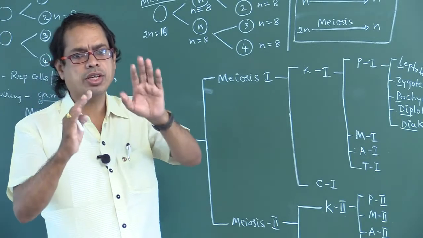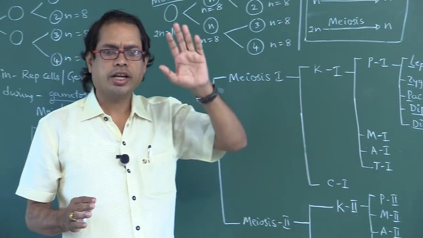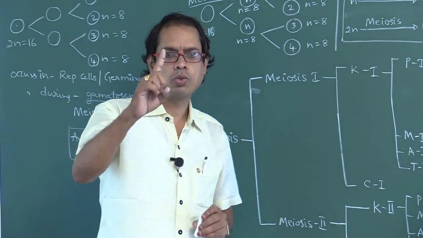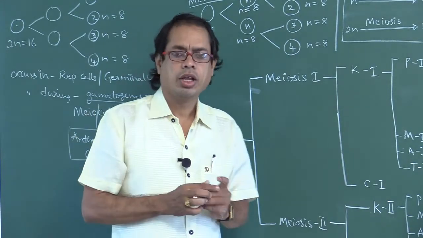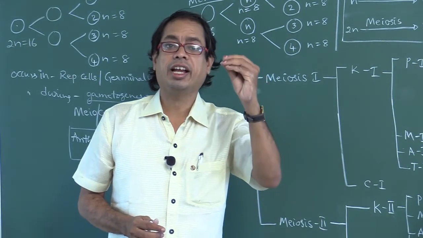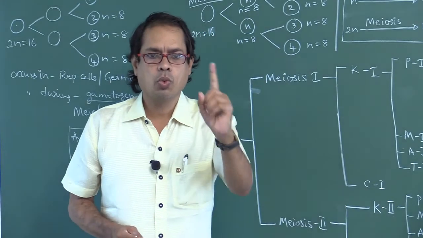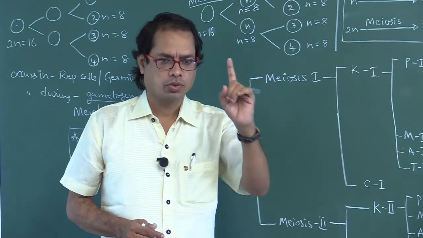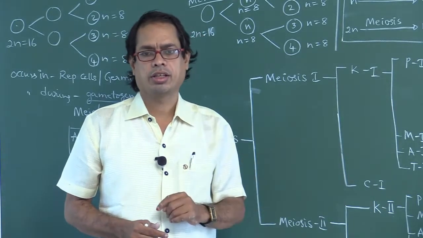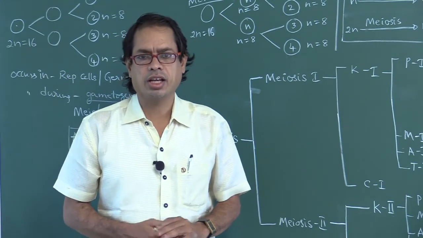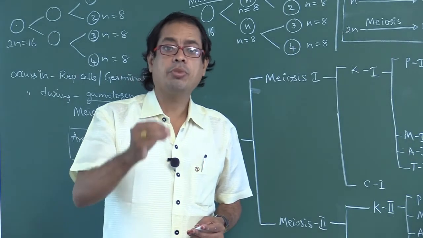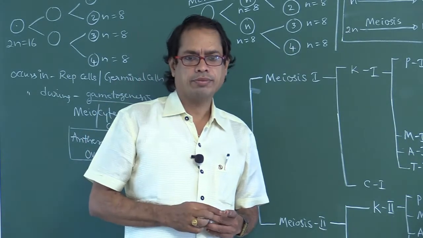So the number of replications in each mitosis and each meiosis respectively is 1 and 1. Okay, right.